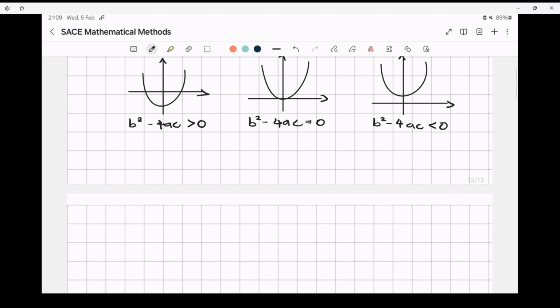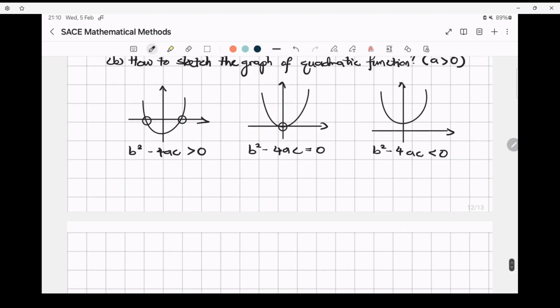It touches your x-axis at 2 points when b squared minus 4ac is greater than 0. When b squared minus 4ac equals 0, it only touches your x-axis at 1 point. And when b squared minus 4ac is smaller than 0, it doesn't touch your x-axis at all. So this b squared minus 4ac corresponds to how many intersection points you have for the graph with the x-axis.